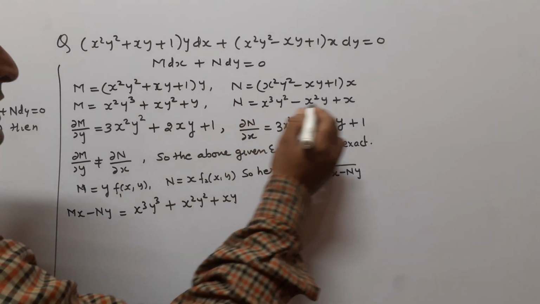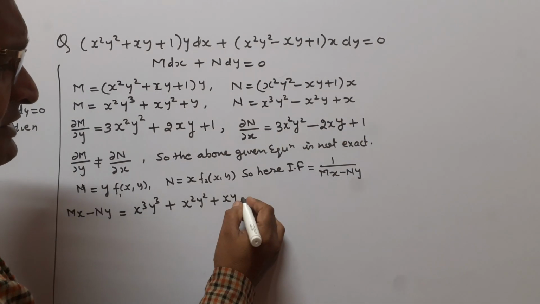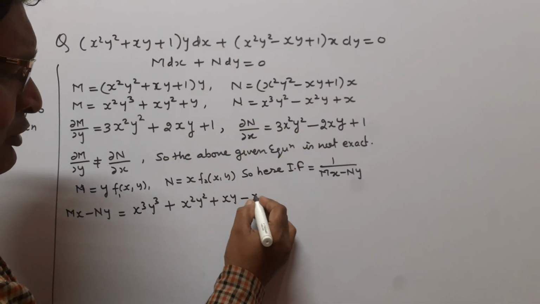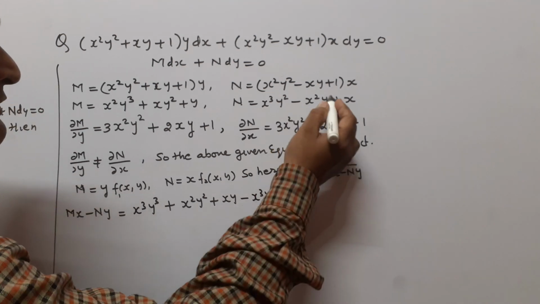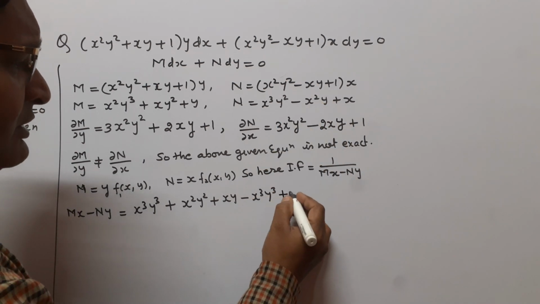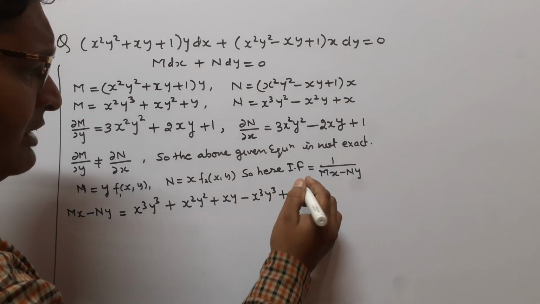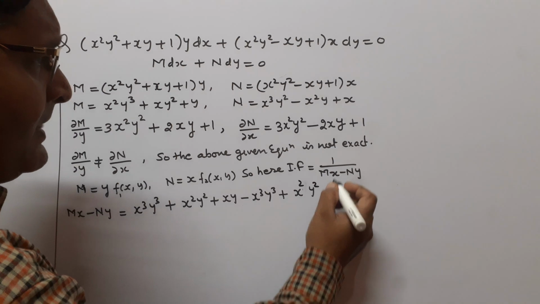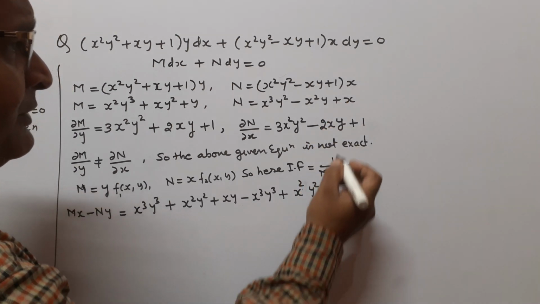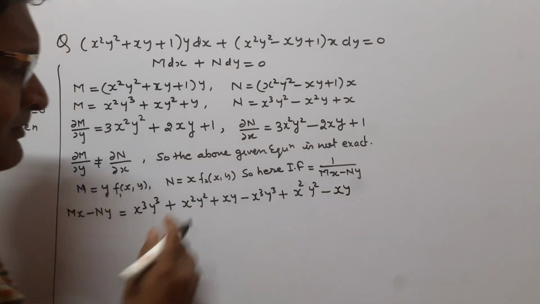Similarly, N multiplied by y, with the negative sign so all the signs will be changed: minus x cube y cube, plus x square y square, and minus xy.